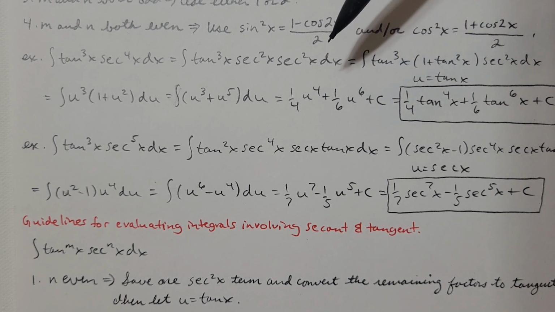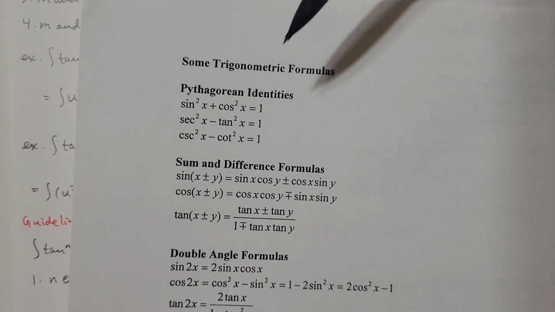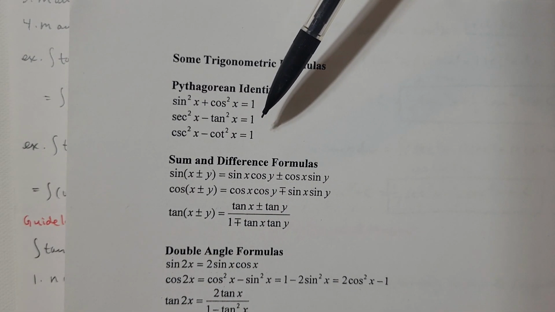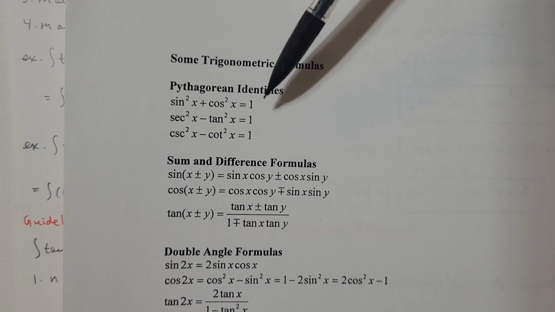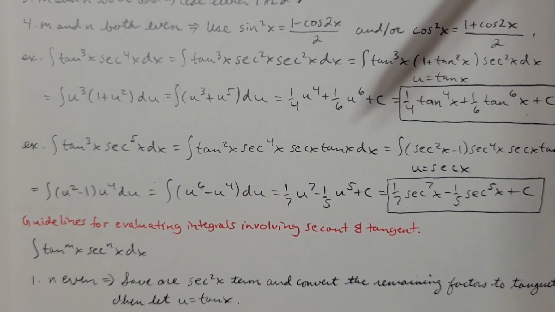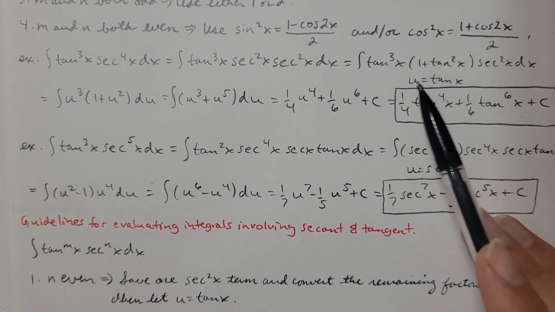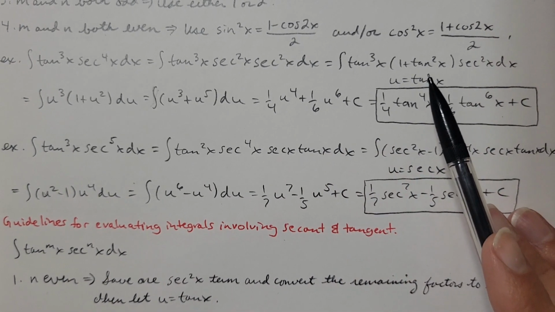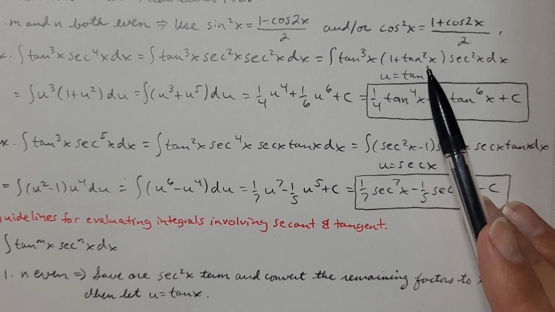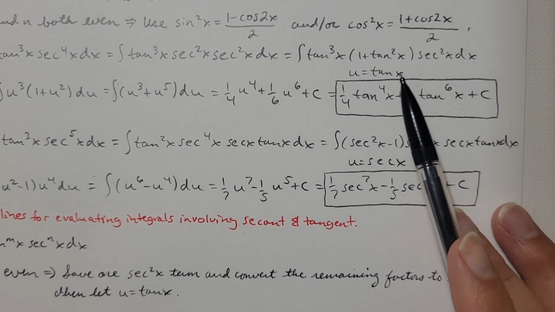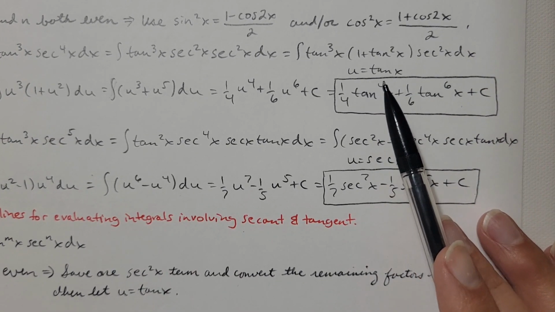And secant squared x is the same as 1 plus tangent squared x, right, using my Pythagorean identity here. So where I see the secant squared x term, I replace that with 1 plus tangent squared x. And now that allows me to use the u substitution, right?